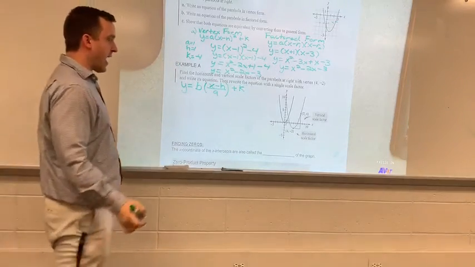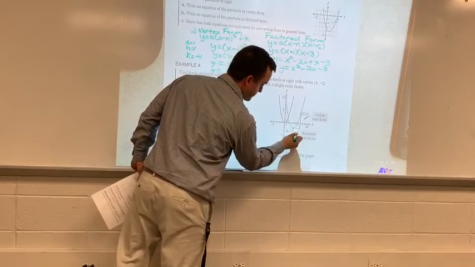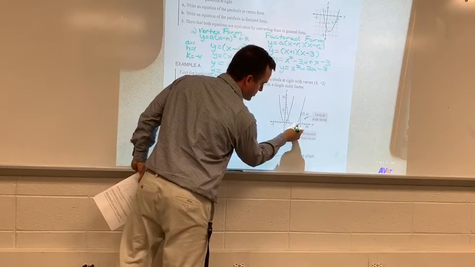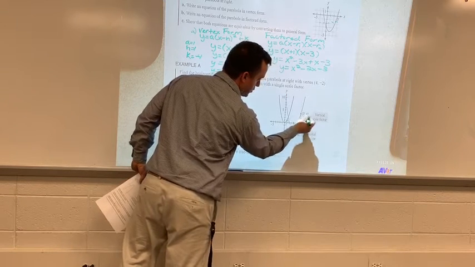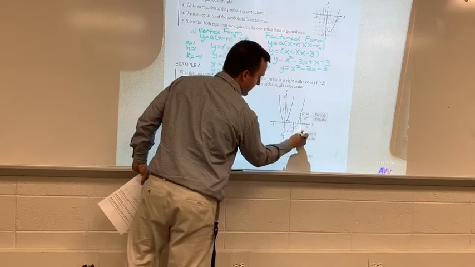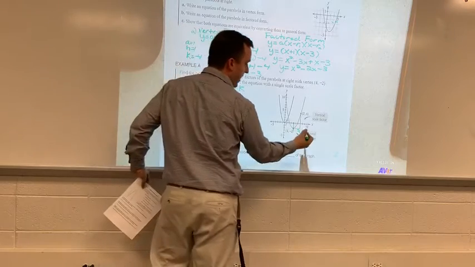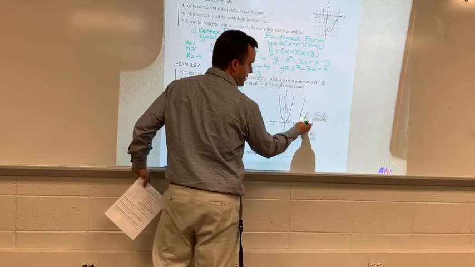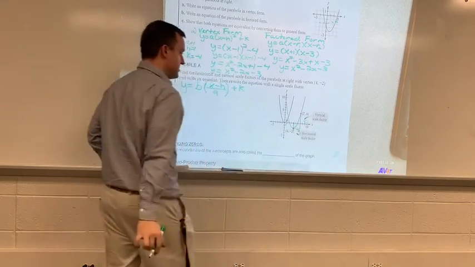So if we look at what our horizontal scale factor is, I notice the x coordinate moves from 4 to 7. So we move over 3. And then on the y-axis, I move from negative 2 to 4, and that's going up 6.